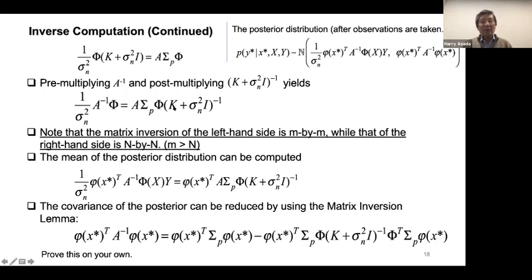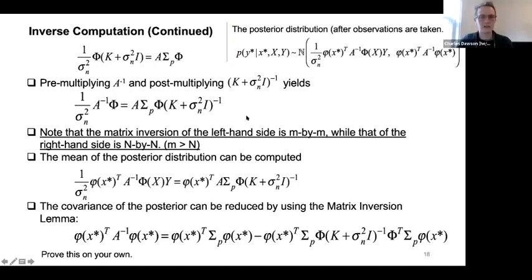This is basically the number of data points. Data points are not that many, say 200, 300, so it's more manageable. Compared to the expanded feature space, which is almost infinitely large, this one is significantly lower dimensional. So we can successfully reduce the high dimensional inversion to a low dimensional inversion. So this trick is needed.